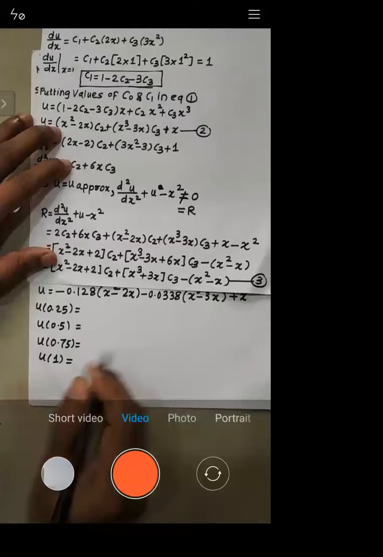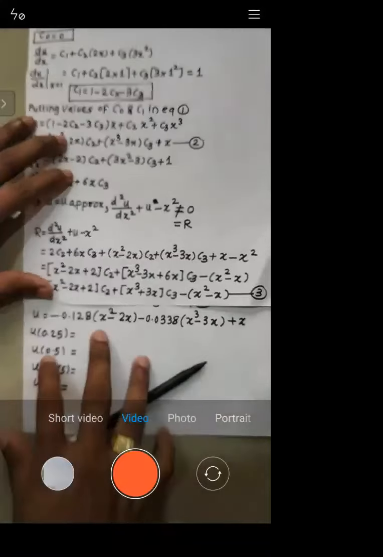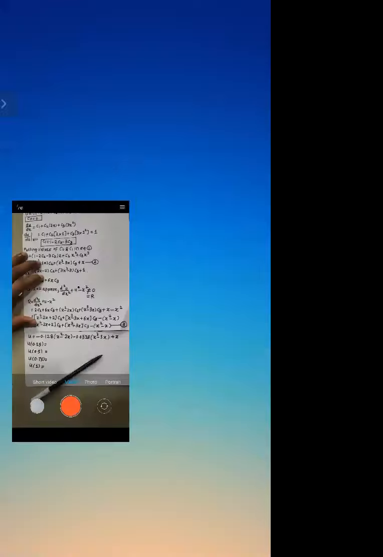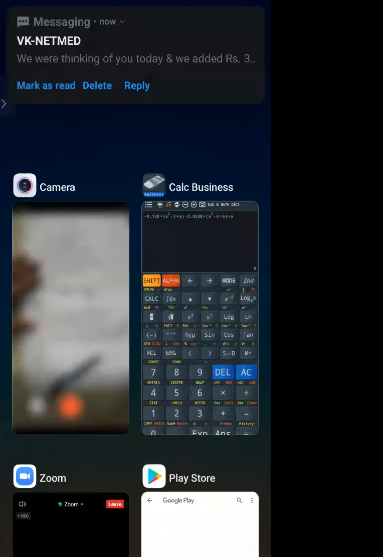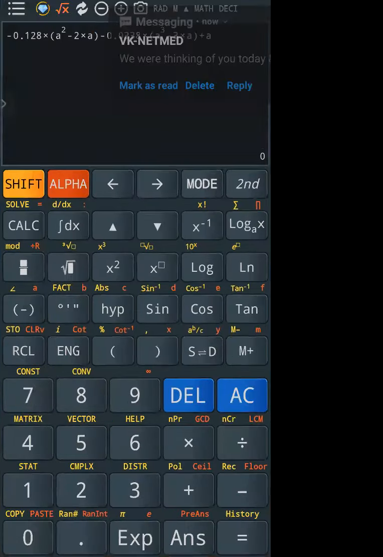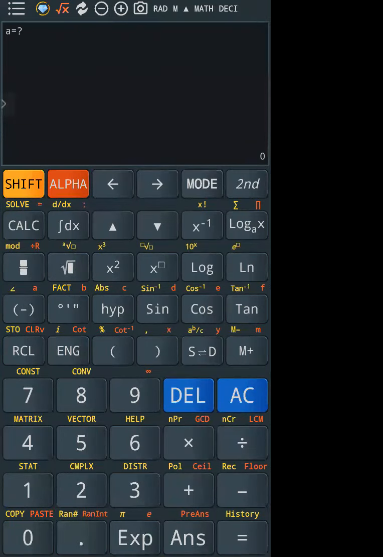So in the formula, I will keep on putting different values of x. Initially I will put x as 0.25. So just see what answer you are getting. Tell me, is it okay? See the answer 0.3308. Yes, sir.